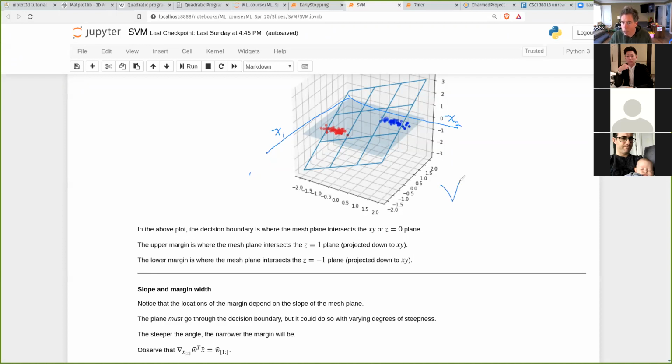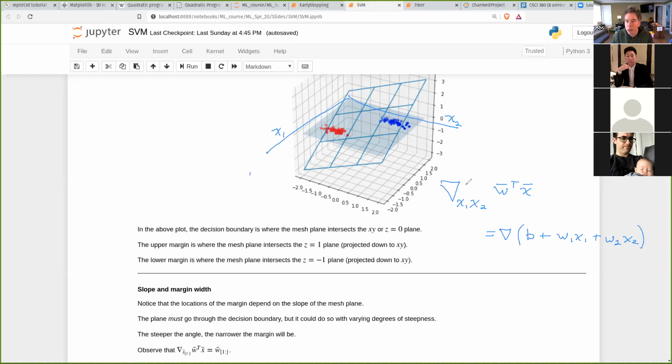So if you take the gradient with respect to x1 and x2 of the expression w dot x bar, then what is this going to be? This is the gradient of b, the bias, plus w1 x1 plus w2 x2.